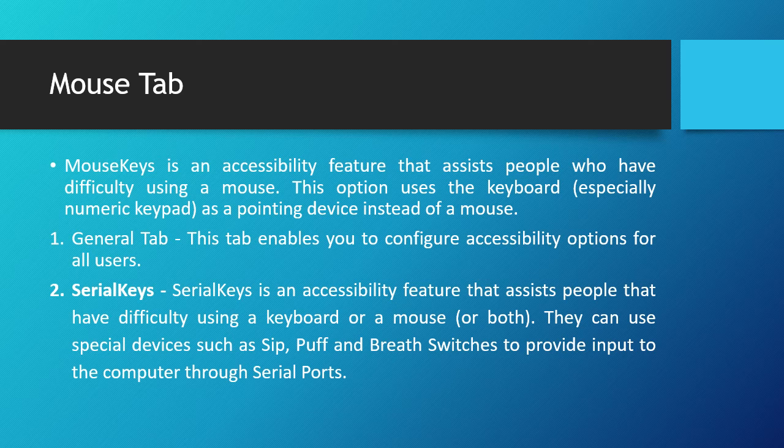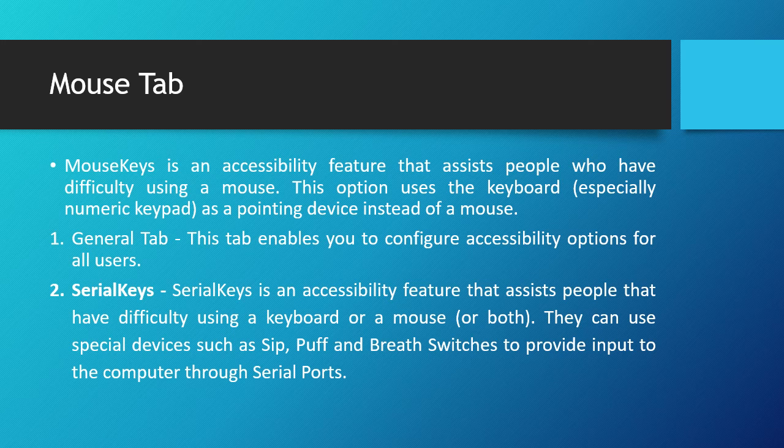Mouse tab. Mouse keys is an accessibility feature that assists people who have difficulty using a mouse. This option uses the keyboard as a pointing device instead of a mouse. General tab. This tab enables you to configure accessibility options for all users.